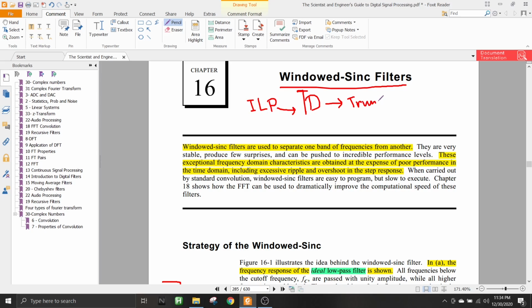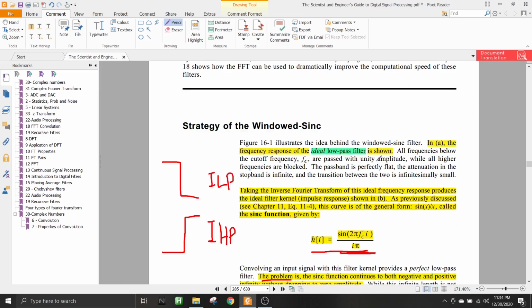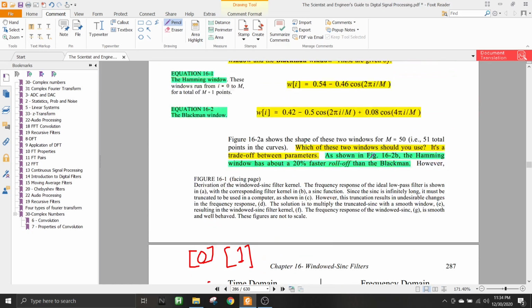Then we multiply with the Blackman window or Hamming window, either of them, and then we finally get this. Okay, the windowed sink. So the windowed sink is actually the product of this sequence of operations. This is how we finally came to this.